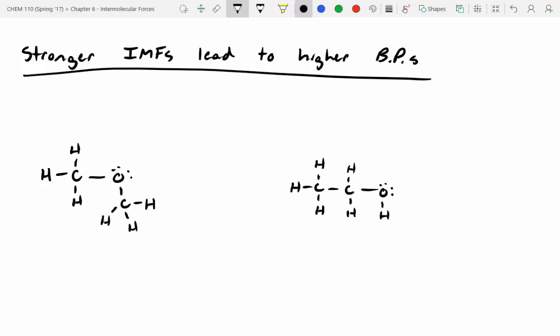And these two have the exact same molecular formula. They're both C2H6O. Which one do you think has the higher boiling point and why?